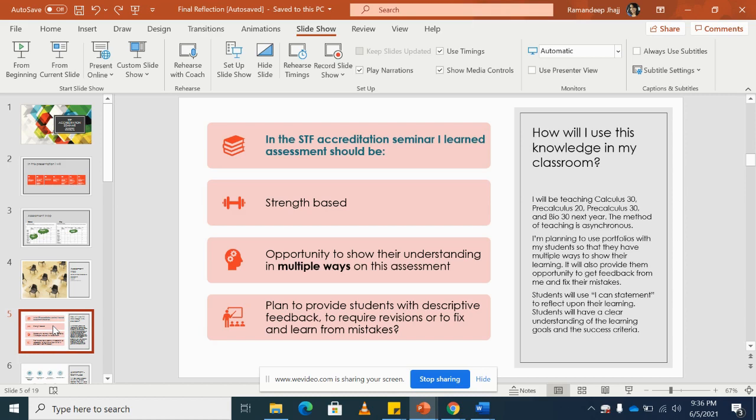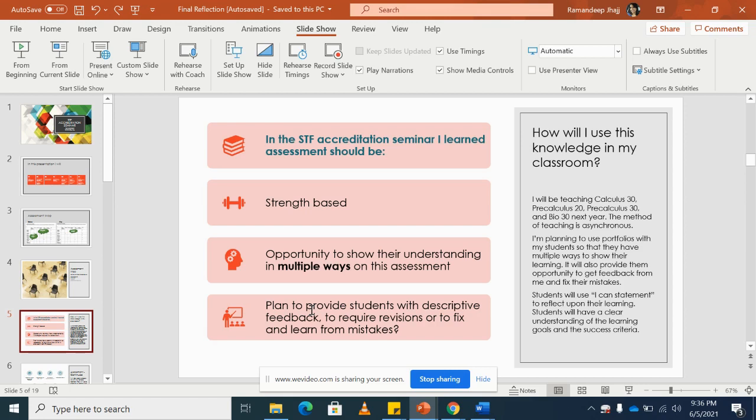In the STF accreditation seminar, I learned assessment should be strength based, and opportunities should be given to students to show their learning in multiple ways. I should plan to provide students with descriptive feedback to require revision or to fix and relearn from mistakes. These were the big takeaways from the assessment list that was given in the seminar.